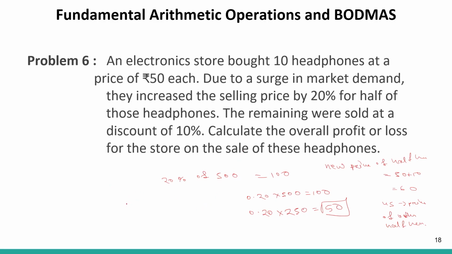On overall sale, 300 would be made from the first half, but 250 was invested there. For the other half, 250 was invested, but 200 returned.